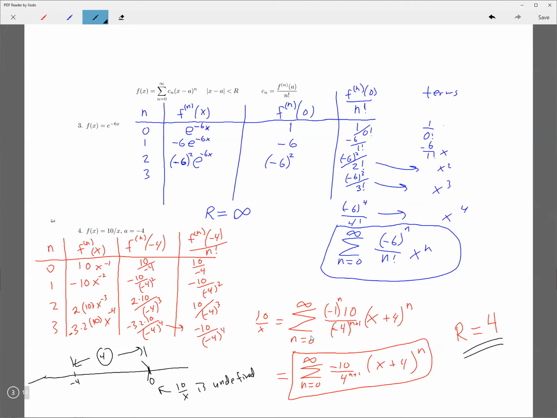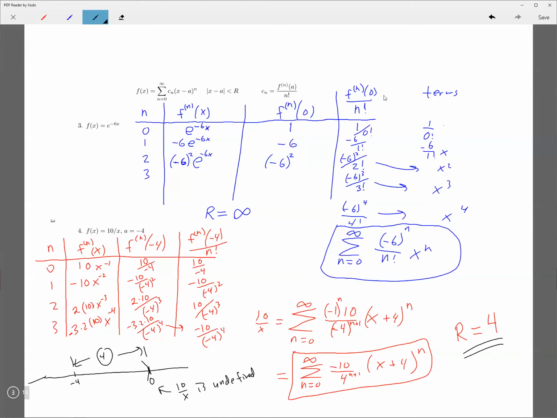Now, what complicates this is that this is actually something from complex variables. If you have a complex non-real number where this doesn't work that's closer than that one, then the radius will be smaller. But this is not the case, okay?